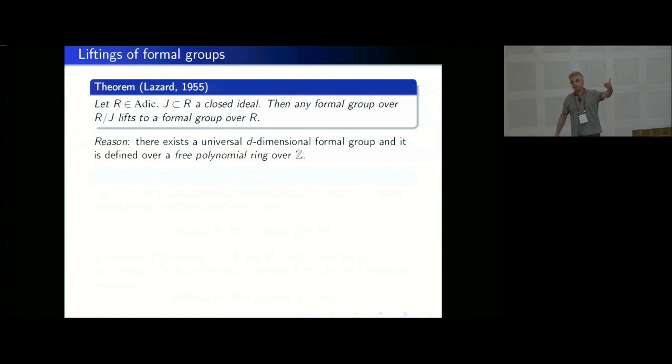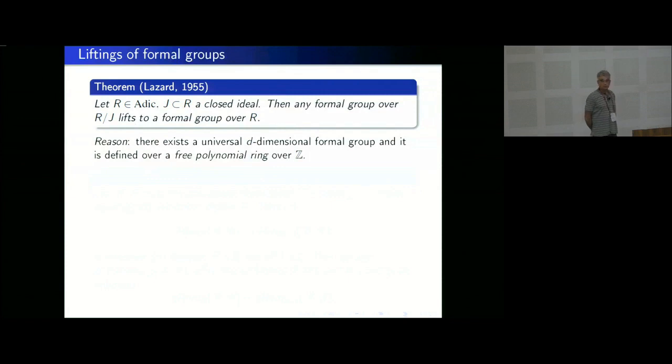Can we find a formal group over R whose base change mod J, whose reduction, is the one with which we started? And the answer for this is a very old one, was given by Lazard in 1955, I think. And this you can always do. That's very easy, and the answer is simply yes.